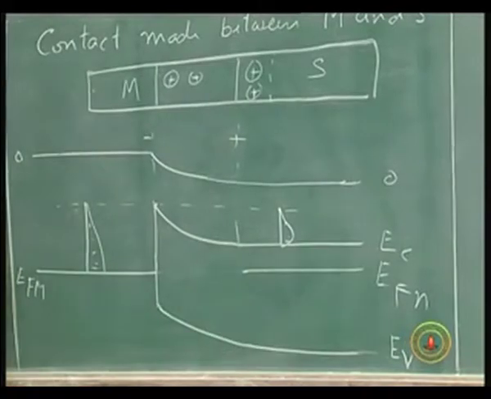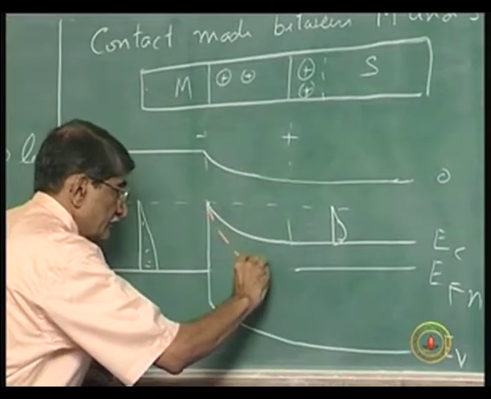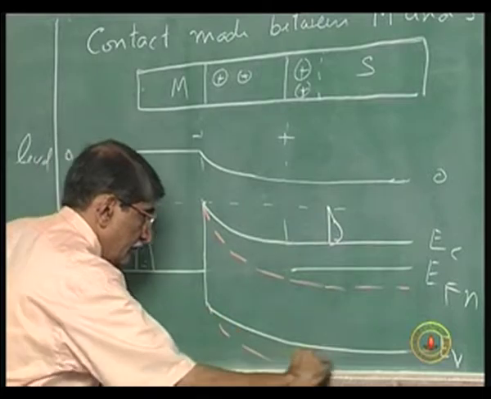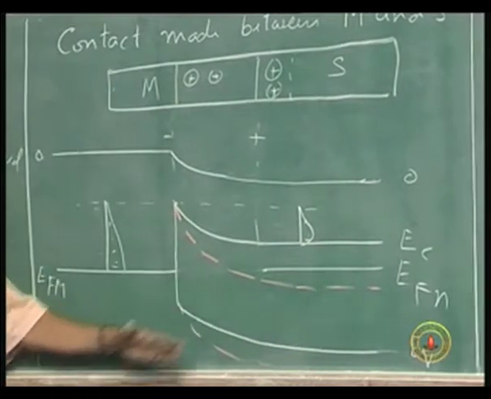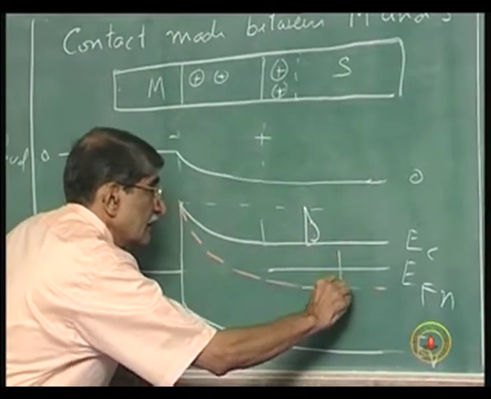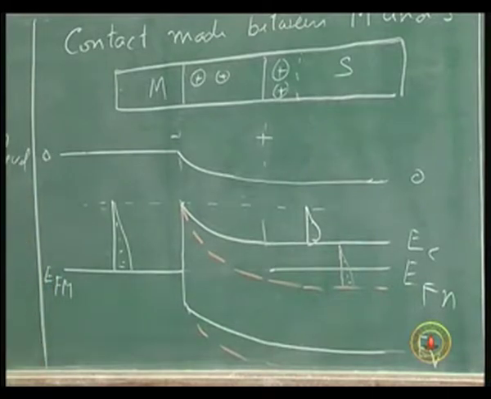Let me just draw that with another color, if it is visible. That is the way it goes. The main focus is on here. Now, this has shifted down with the same distribution coming like that. That is what is drawn there. The same distribution is there, it has shifted down.